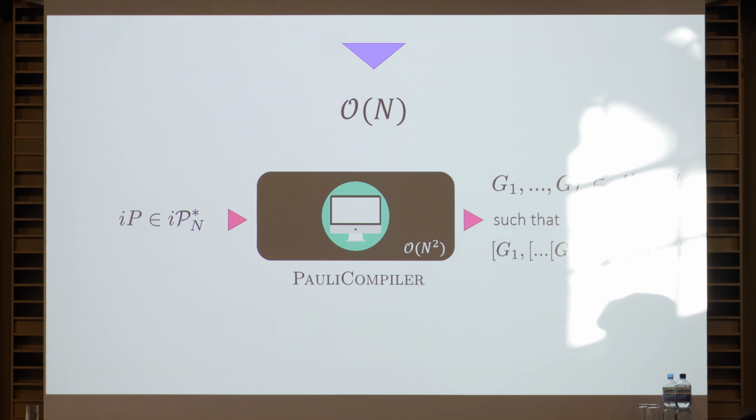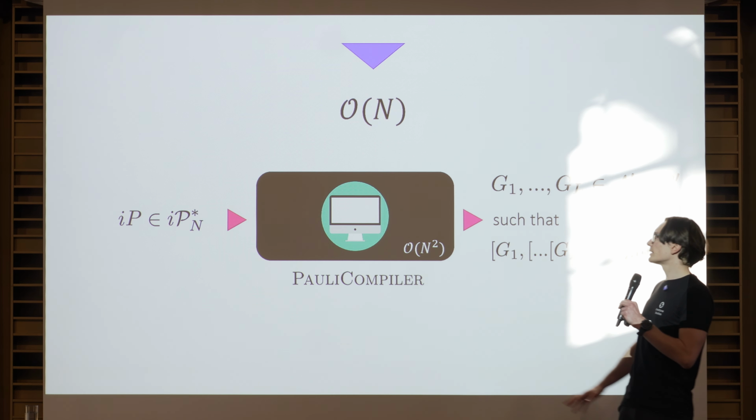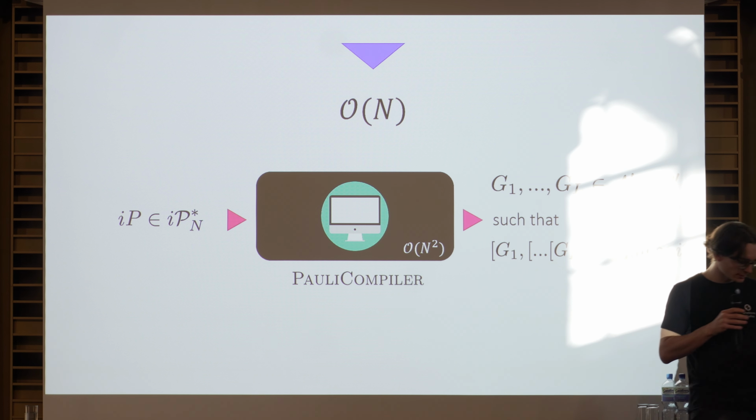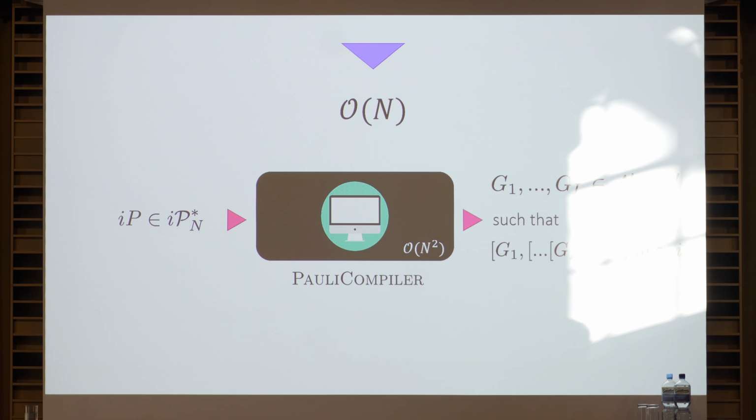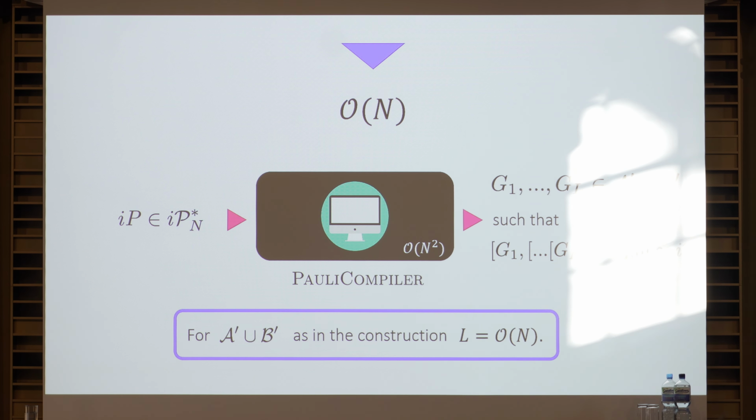And this compiler itself is probably not optimal. I can see you can probably improve it. It runs with n squared runtime. And what is nice is that the length of these output sequences is always O(n).